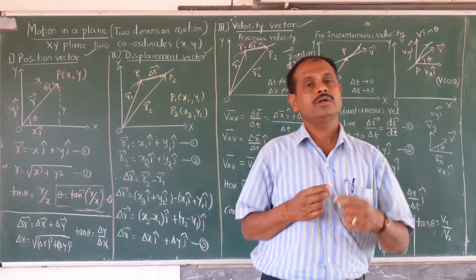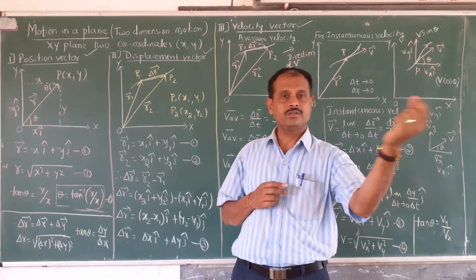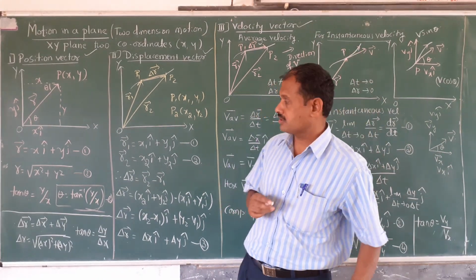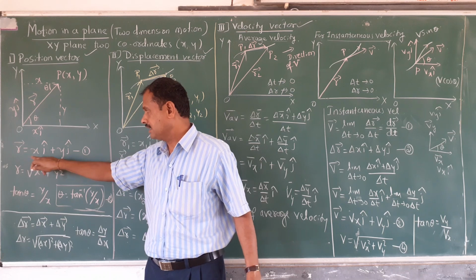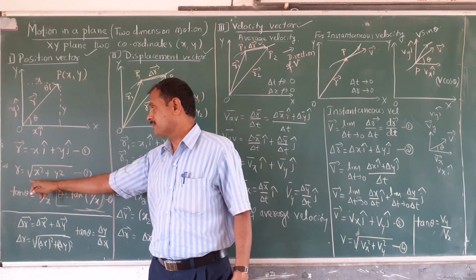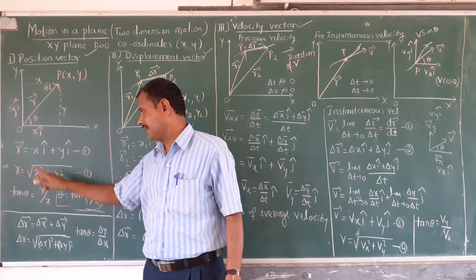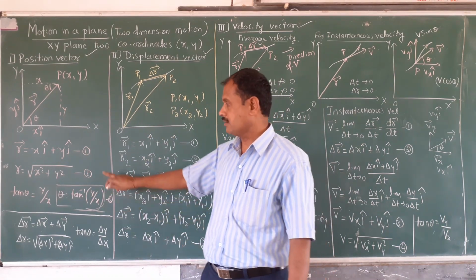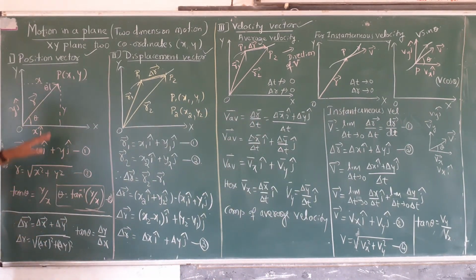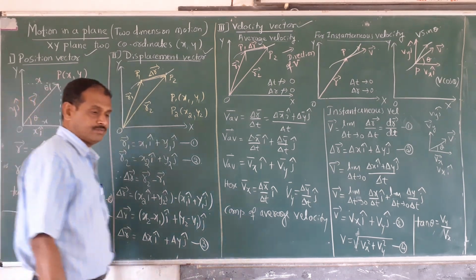When a particle moves in 2 dimension motion in a particular plane, you express the position vector r is equal to x i cap plus y j cap. Then its magnitude r is equal to under root of x square plus y square, equation number 2. Then direction is tan inverse of y by x, according to this one, opposite side divided by adjacent side, y by x. This is about the position vector.